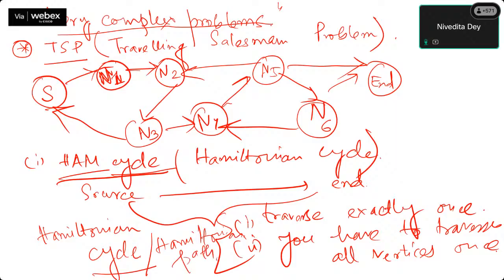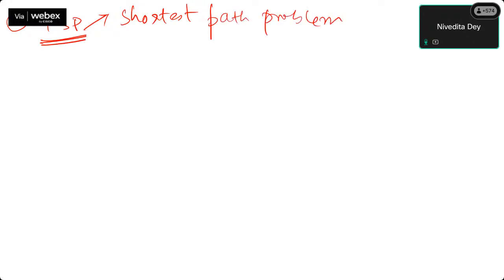Now you might be asking, why all of a sudden are we picking up TSP? How is it relevant to the concept of quantum computing? Let me answer that. TSP, the traveling salesman problem, is very relevant because it is used in shortest path problems. Now we can imagine the industry.